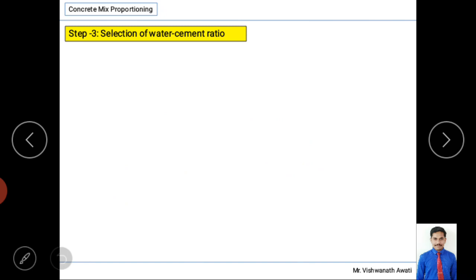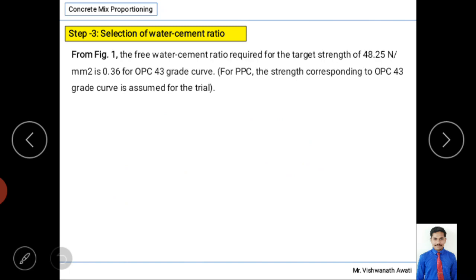The next step is selection of water cement ratio. Here we have to select the water cement ratio, right? From figure 1 in the code book, the free water cement ratio required for the target strength of 48.25, this value we got from calculation, right?